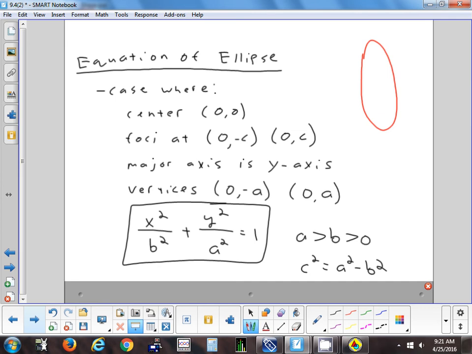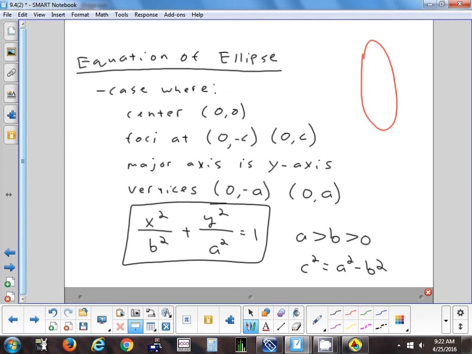Just switch the A and the B. Because you're putting the bigger number under y, that causes the major axis to be up and down. It's the only difference.